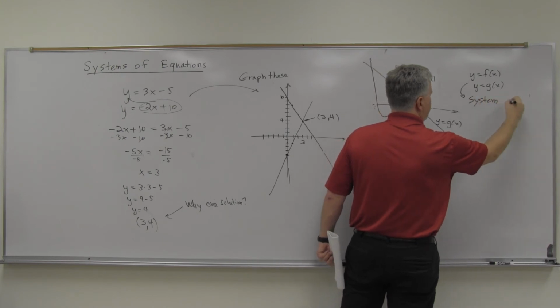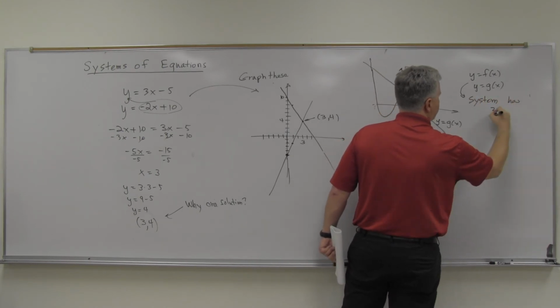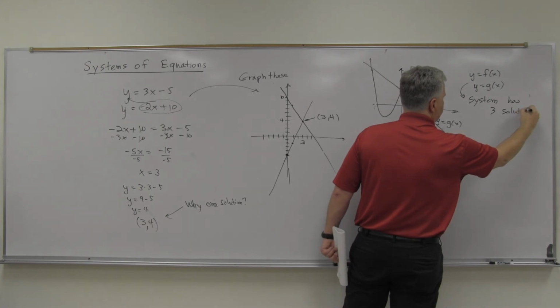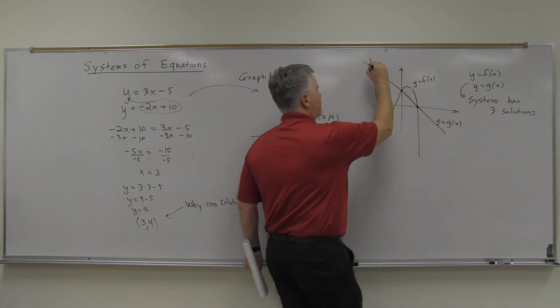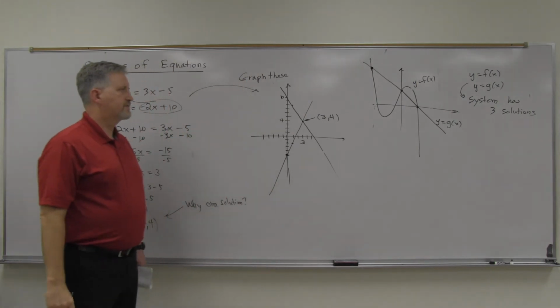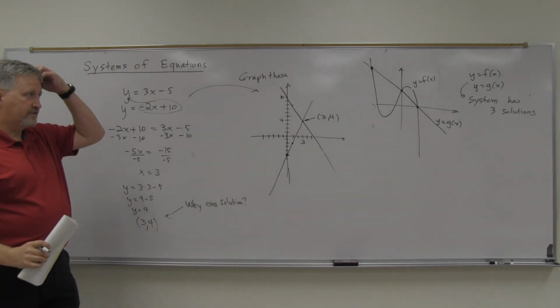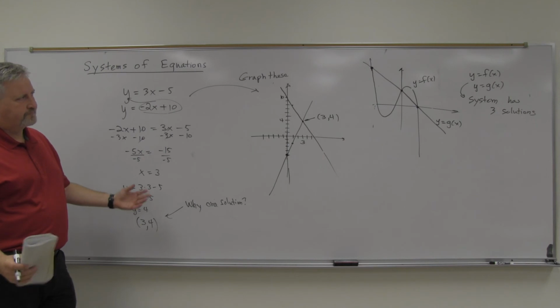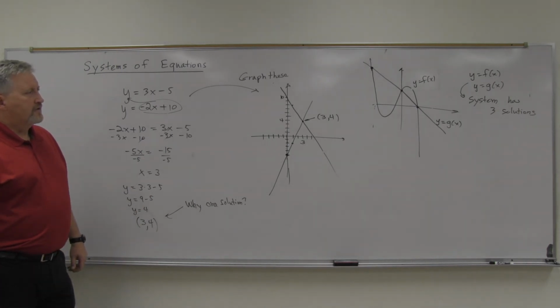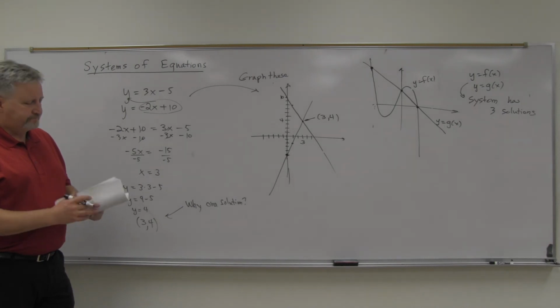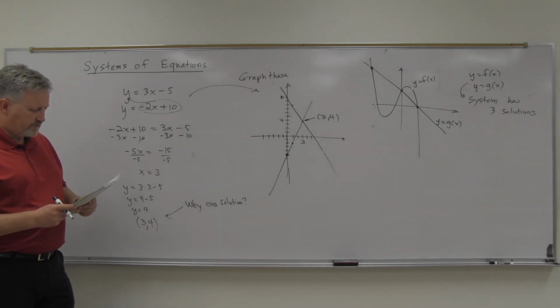It's got 3 solutions, yeah. Right here, and right there. So those 3 points would be solutions to that system, whatever they are. Figure them out if we needed to, okay? Or have a good idea.